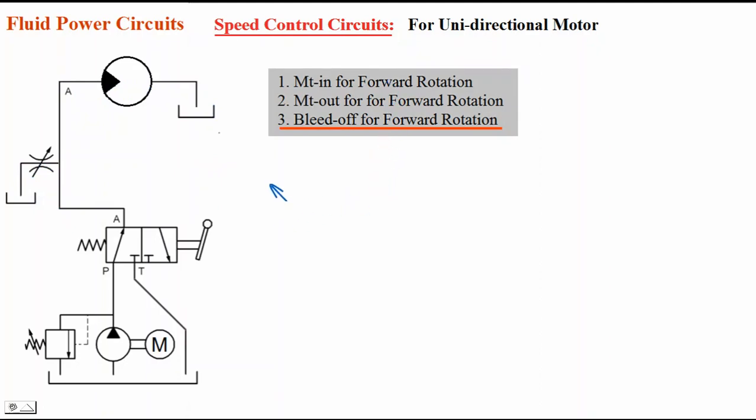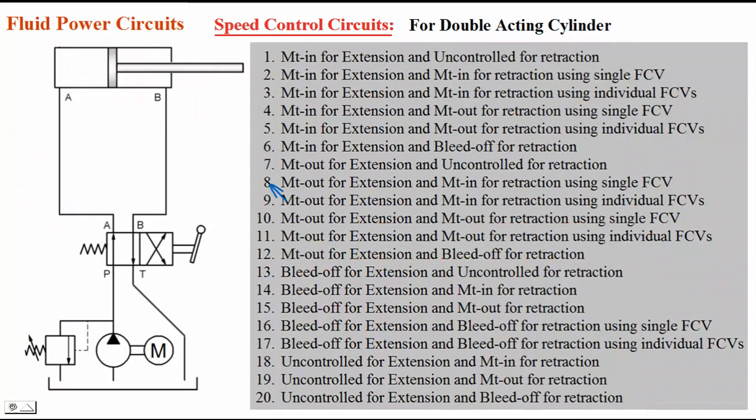So now we shall come to those 20 different types, that is for double acting cylinders. So I will show all those circuits one by one. So now first one, this meter in for extension, uncontrolled for retraction. During extension, this is inlet, this is outlet. The oil which is going into the cylinder during extension is flowing through this flow control valve.